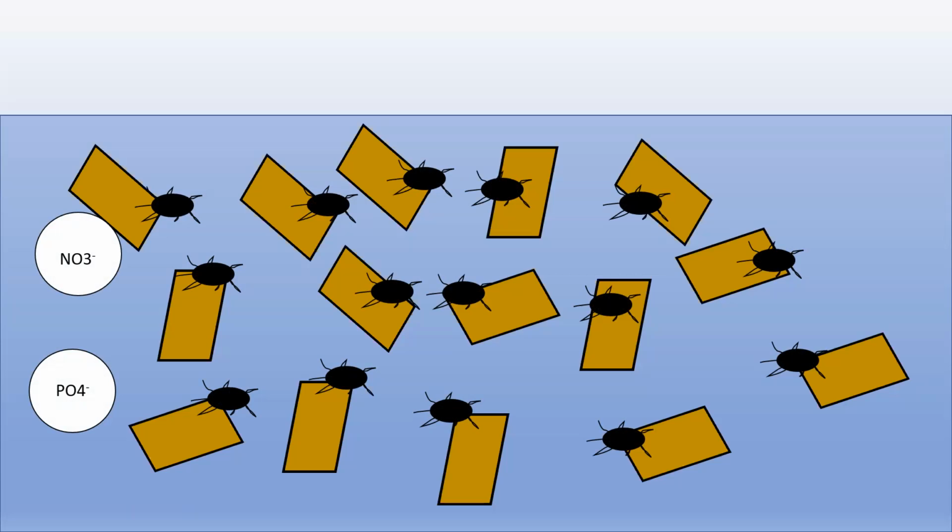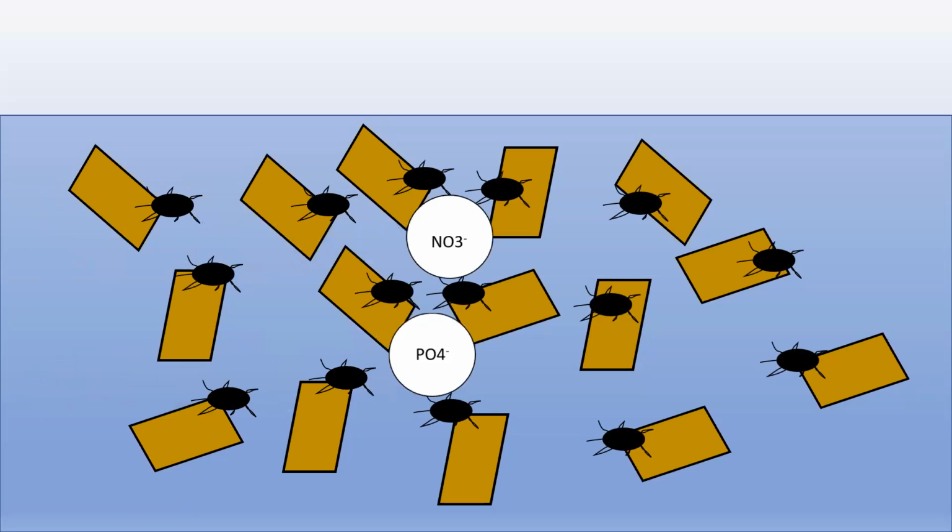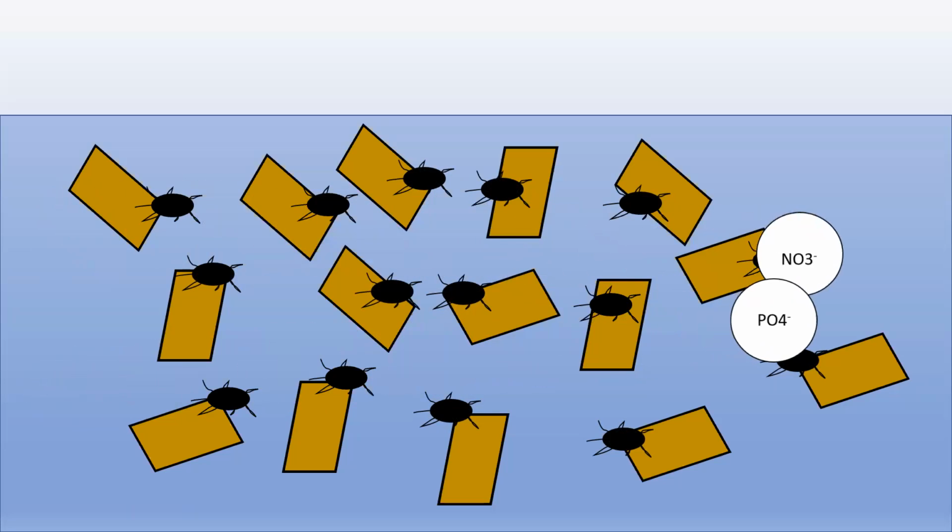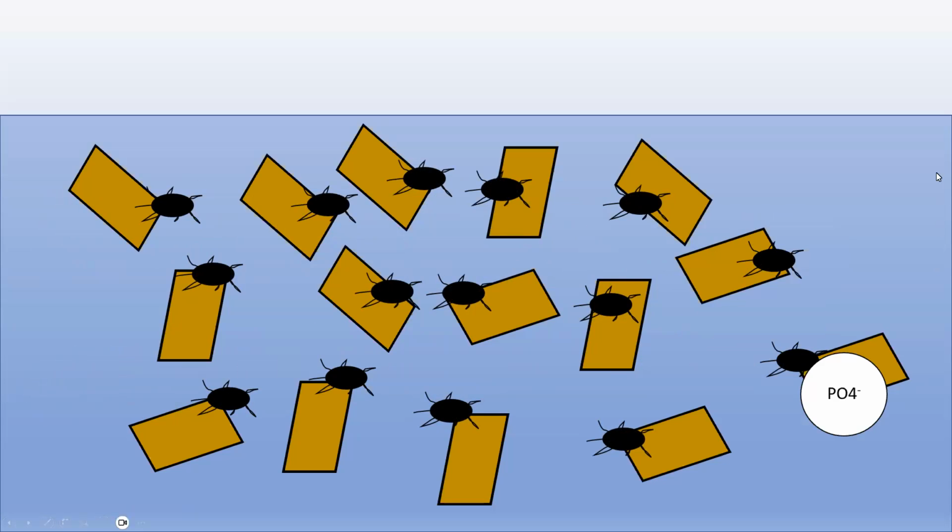So the bacteria need this to survive. So as these contaminants are moving through these systems, what's going to happen is that phosphorus is going to be accumulated by the bacteria, right? They're going to use that for their own life sources. They're going to use it and they're going to kind of sequester it.